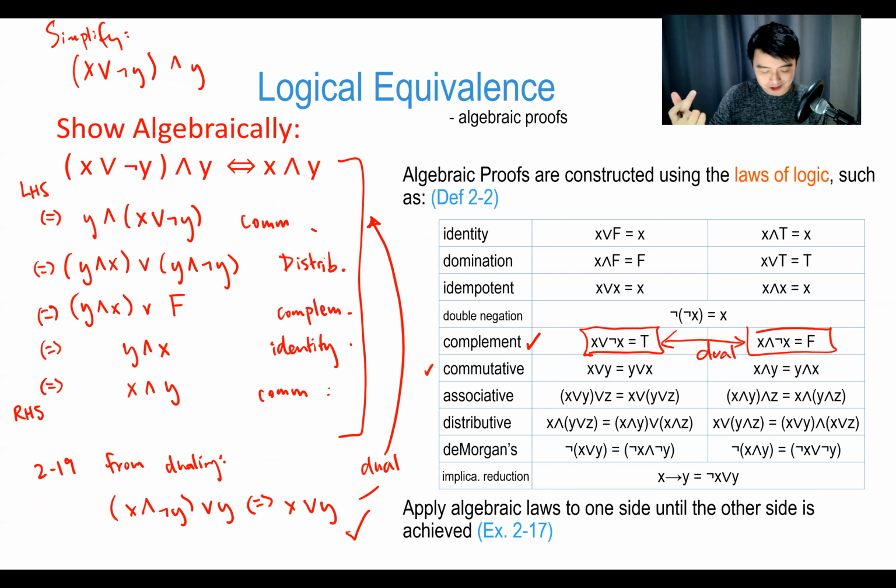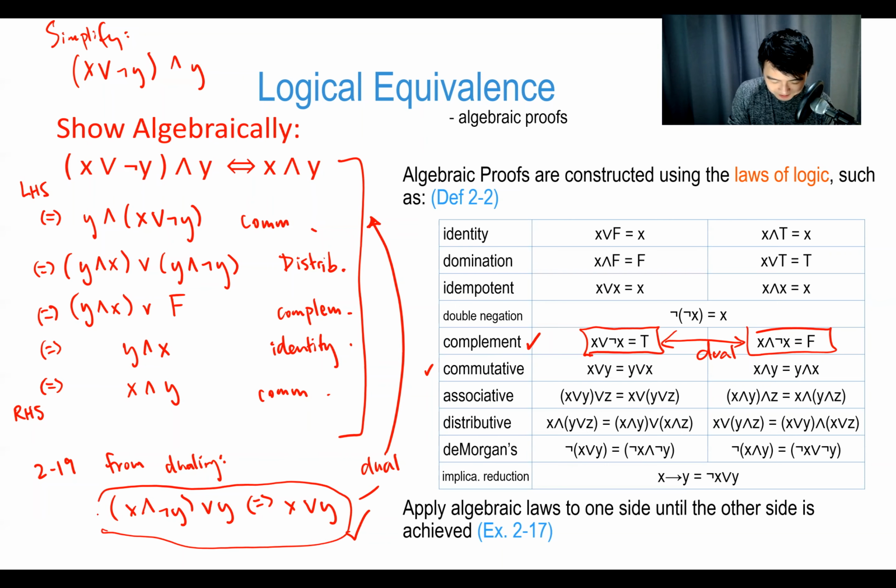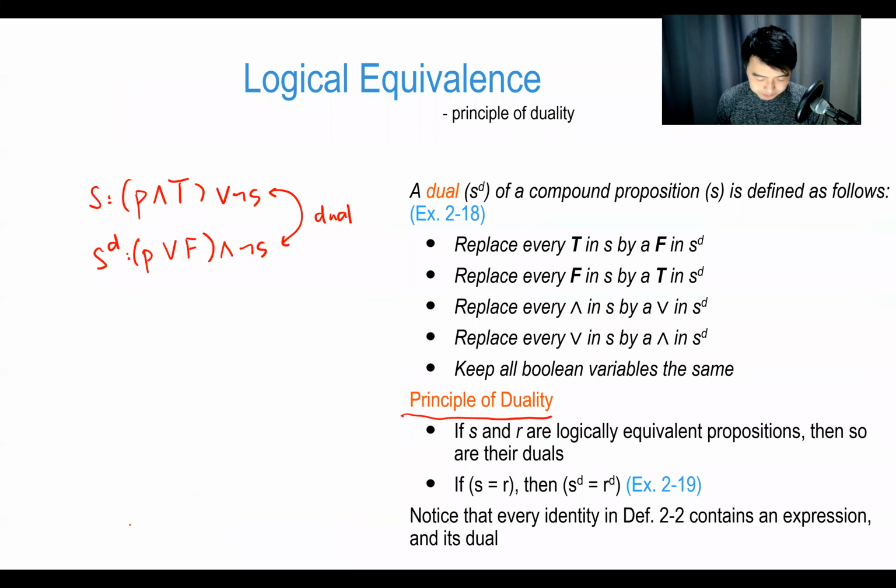And that's how this logic works. So let me repeat that one more time. If I wanted to prove this expression down here to be true, I can use the exact same laws in the exact same order, except I am using the duals of each of those laws. And this is what we have to understand about the laws of logic.